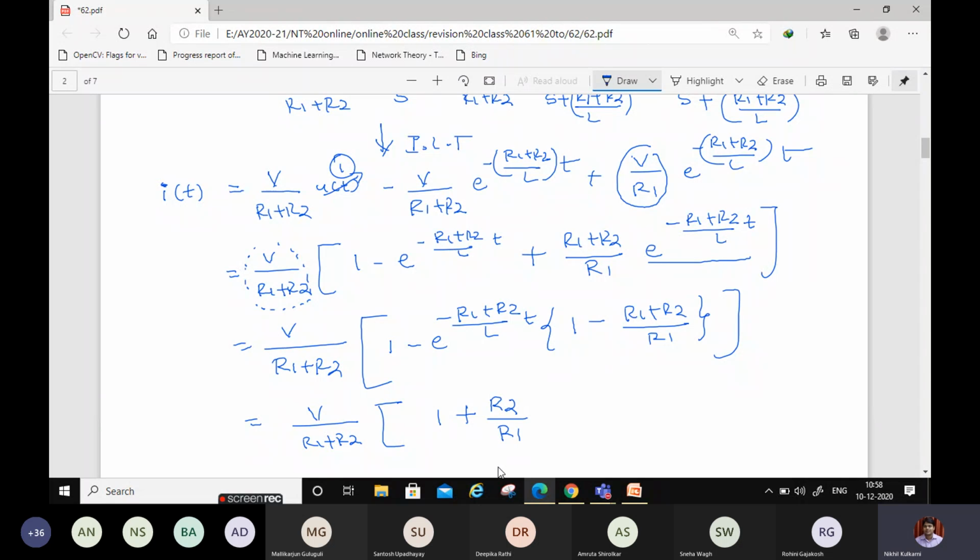R2 divided by R1, then e to the power minus R1 R2 by L. This term I have taken common.